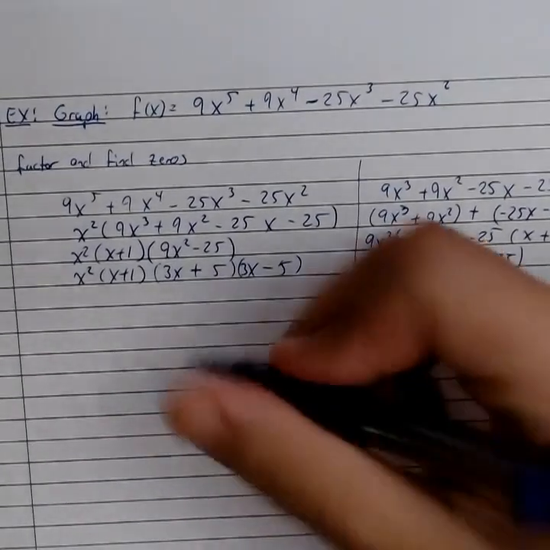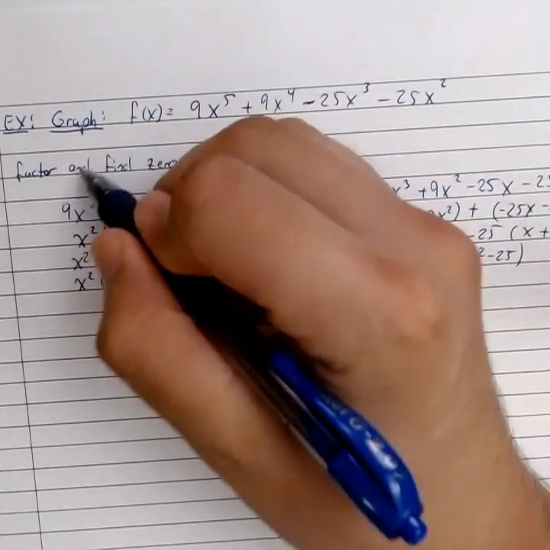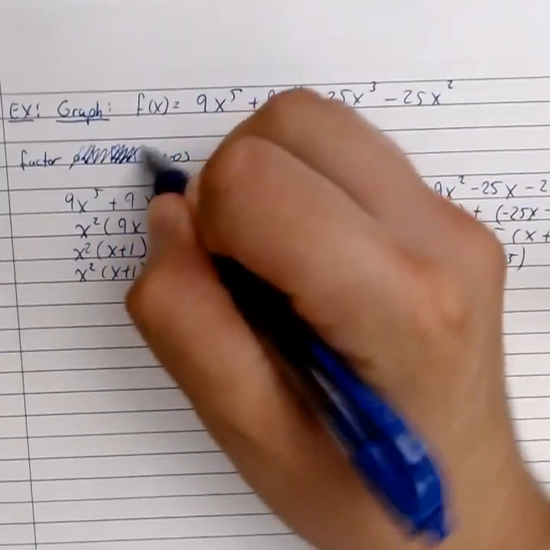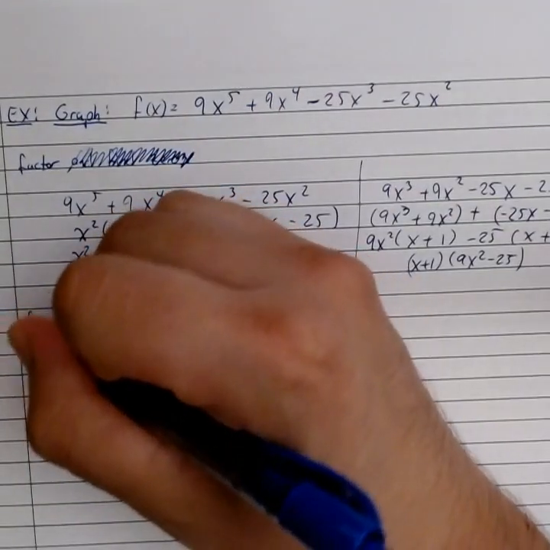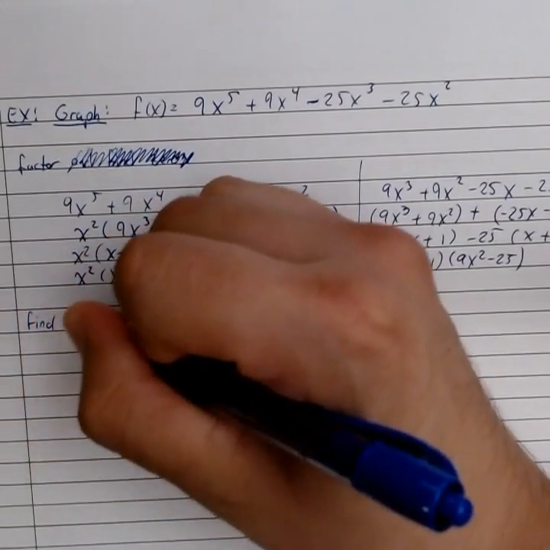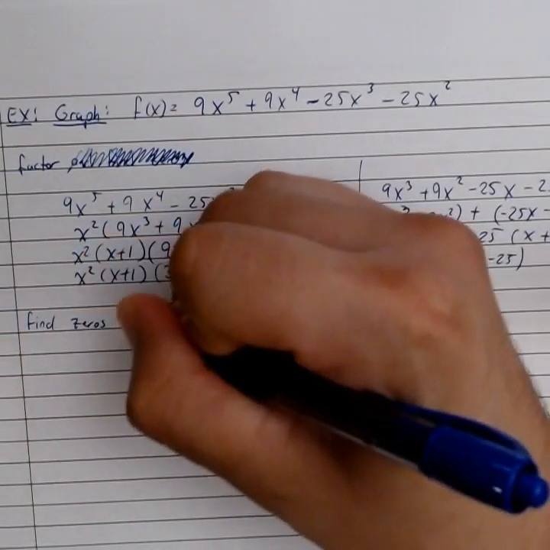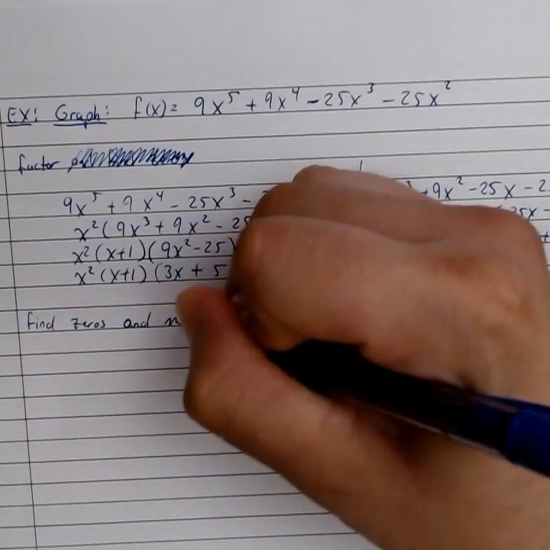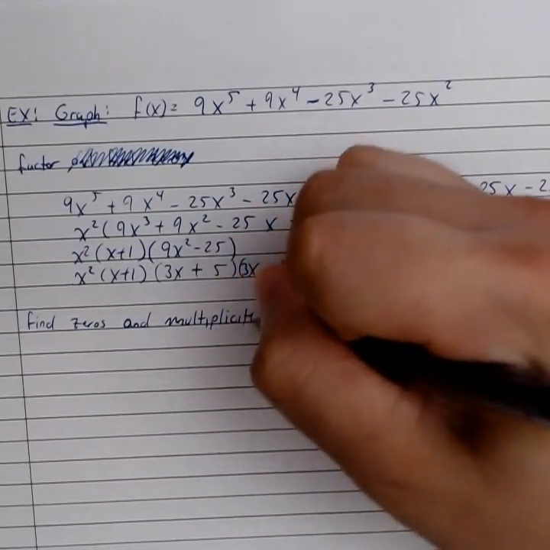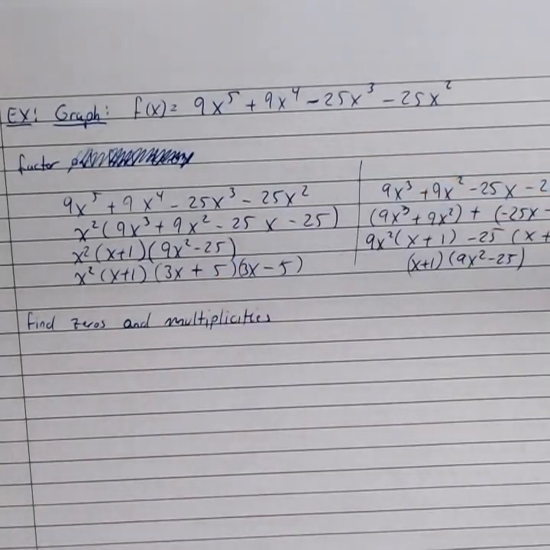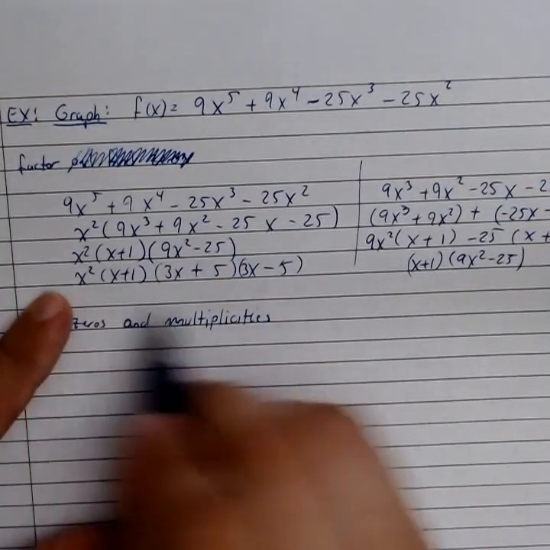So to find the zeros, in fact, let me go ahead and write that in 2 separate stages. The very first step was just to factor, and there we go, we factored. So now let's go ahead and find the zeros and the multiplicities. So I already have the factorization.